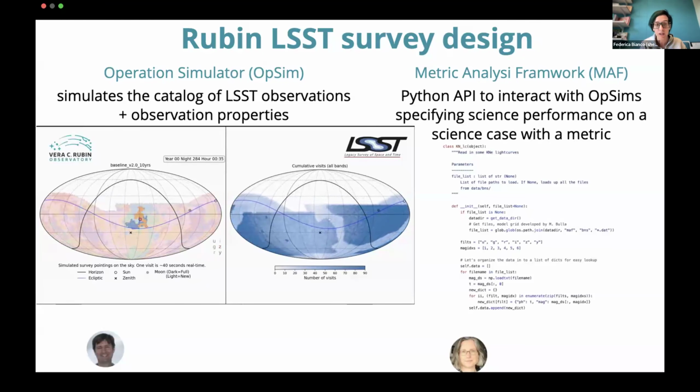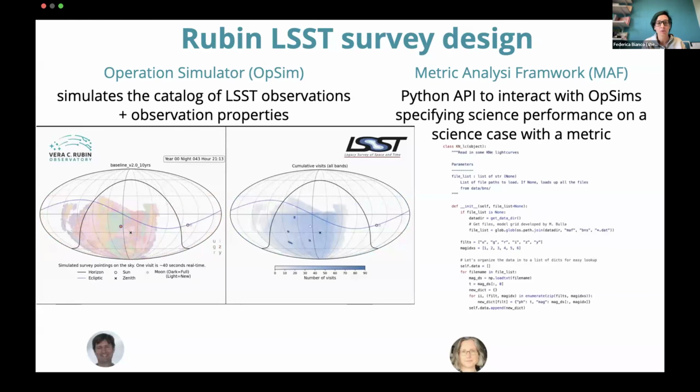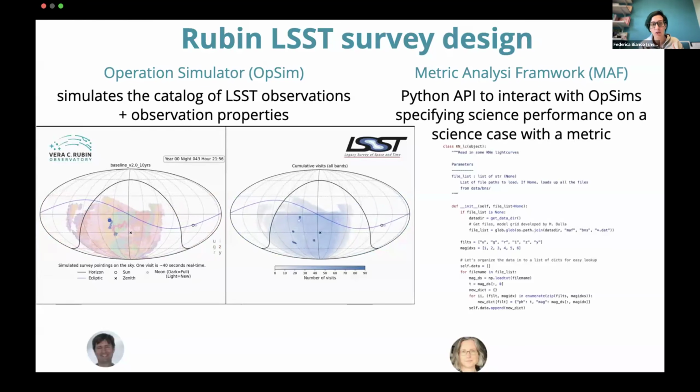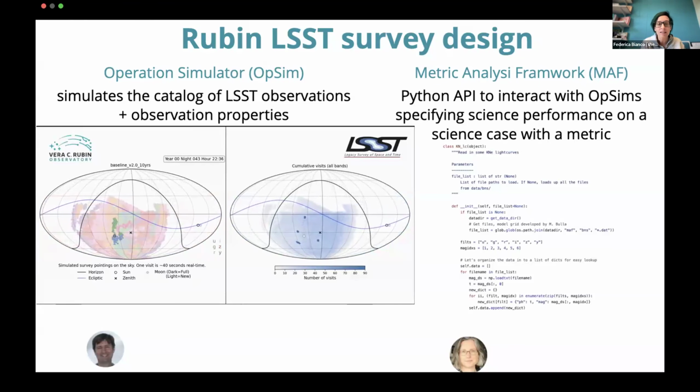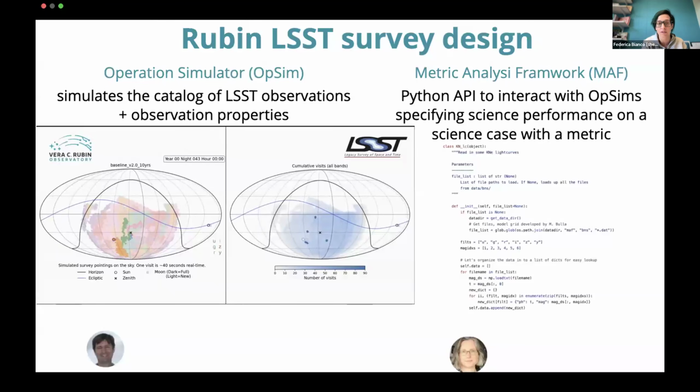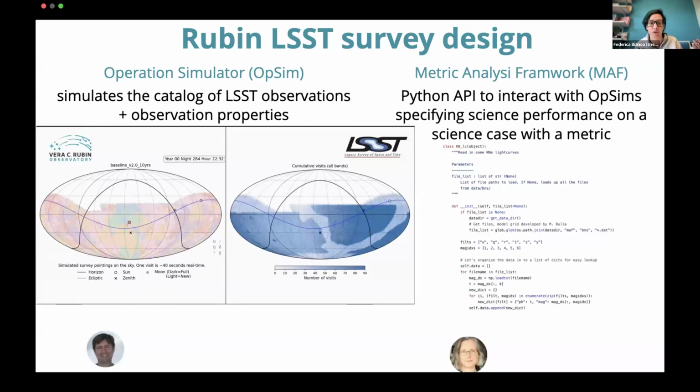It includes weather considerations, visibility patterns, lunation, and then science-driven choices of how, for example, you alternate the 6 filters of the LSST or where you are going to observe next.